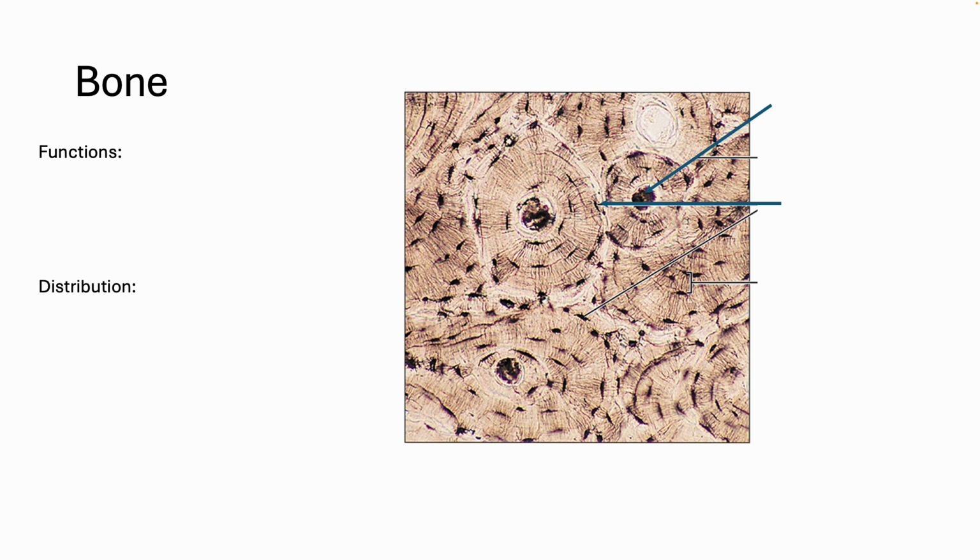Bone is going to be a hard, calcified matrix that contains many collagen fibers, but the lacunae here are going to contain osteocytes instead of chondrocytes. The central canal is going to be serving the overall structure of the bone, providing vascularization to the tissue.